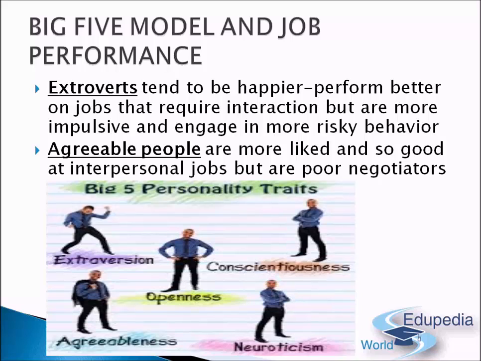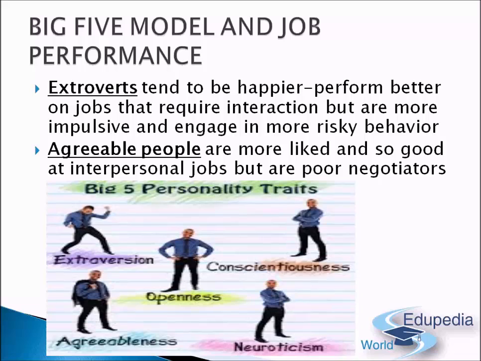Extroverts. Now, first characteristic of extroverts. Extroverts definitely tend to be happier, perform better on jobs that require interaction, but are more impulsive and engage in more risky behavior. So extroverts are very good in jobs which require interaction. But supposing there is a job where risk is not to be taken, extroverts will be dangerous.